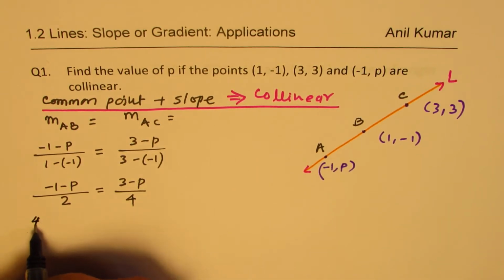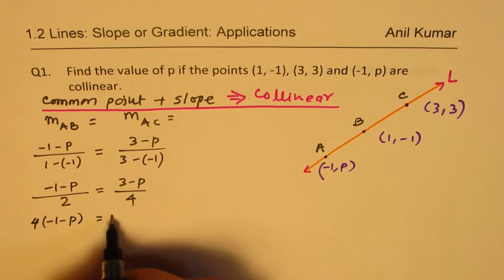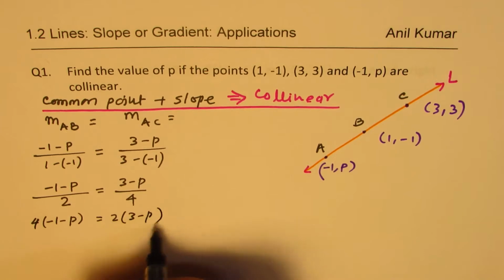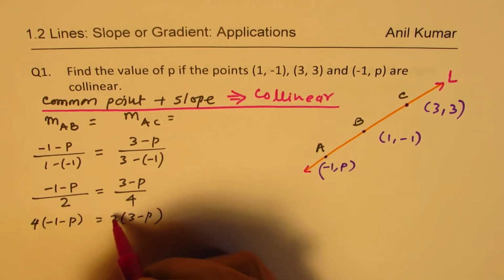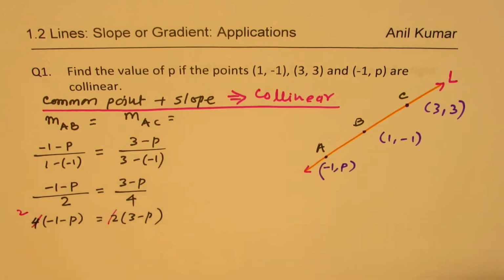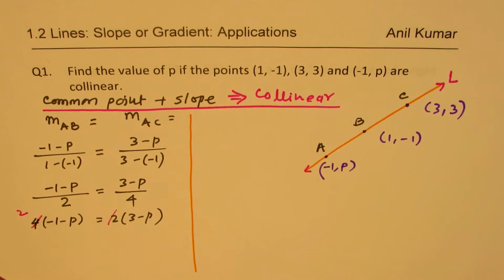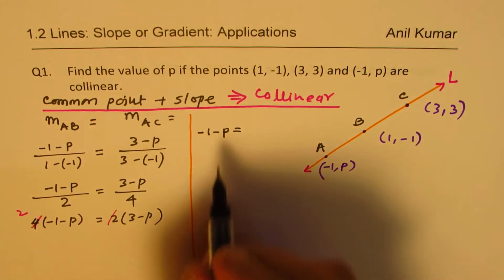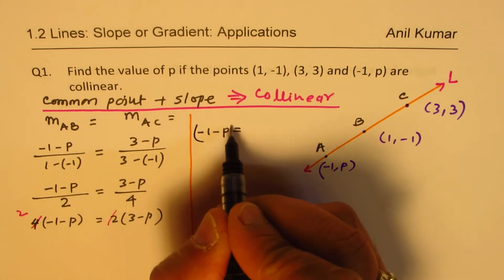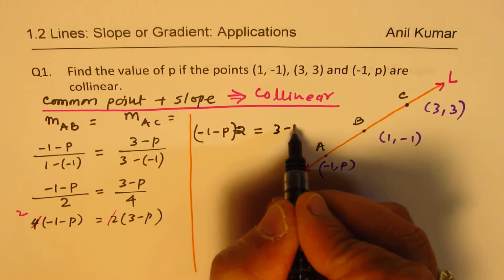So what we get here is 4 times (minus 1 minus p) equals 2 times (3 minus p). You could simplify this also. So a simpler equation will be dividing by 2. We get 2 here, right? And now let's solve. So we have minus 1 minus p equals, we have to multiply this by 2 also, I'm sorry, equals 3 minus p.